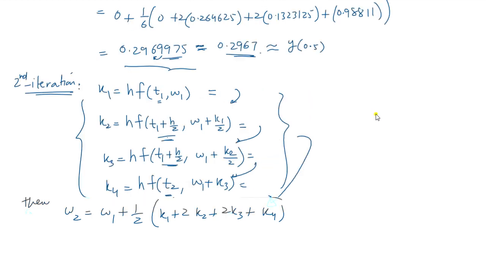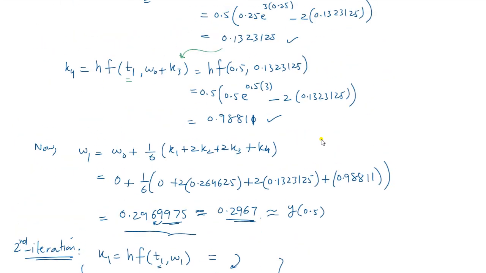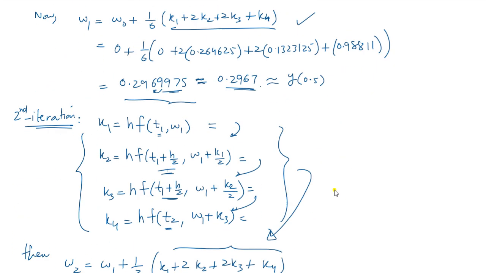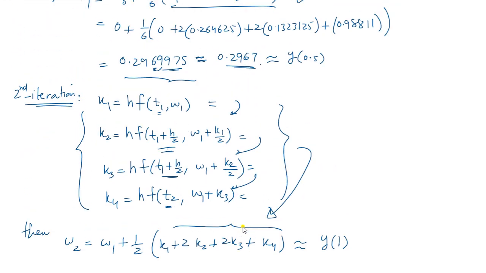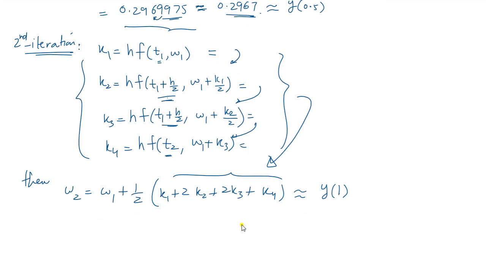Don't use the previous Ks. They are already used. They are gone. So now we calculated new K1, K2, K3, K4, and they will come here. And this will give you the approximation of Y at T2, which is 1. So I hope you can complete this second iteration. For your practice, it will be very good if you can complete it.